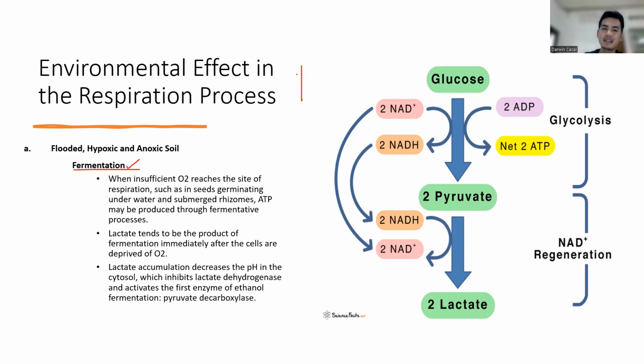Nire-require na kailangan puno ang tubig sa paddies. Bakit kaya ang mga rice natin ay merong amoy na very acidic or something na hindi kaaya-aya? So it means nasa process siya ng fermentations.